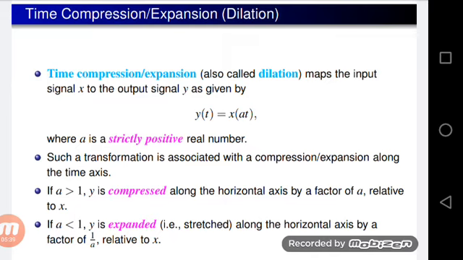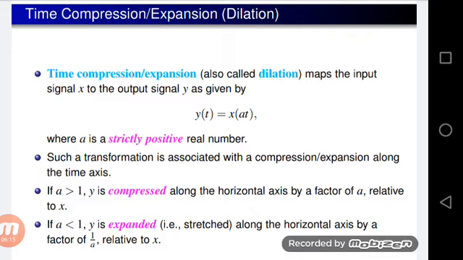Time compression or expansion maps the input signal x to the output signal y given by y of t equals x of at, where a is a strictly positive real number. Such a transformation is associated with compression or expansion along the time axis.